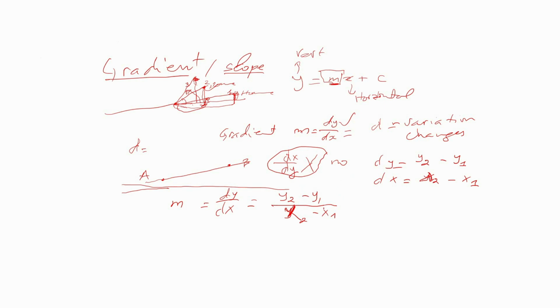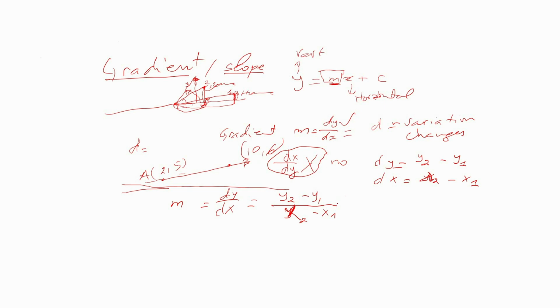Let's now apply it to our coordinates. I have coordinate A here and coordinate B, and I want to know how the line through A and B is sloping up compared to the horizontal. Always we consider how it is moving up compared to horizontal position.